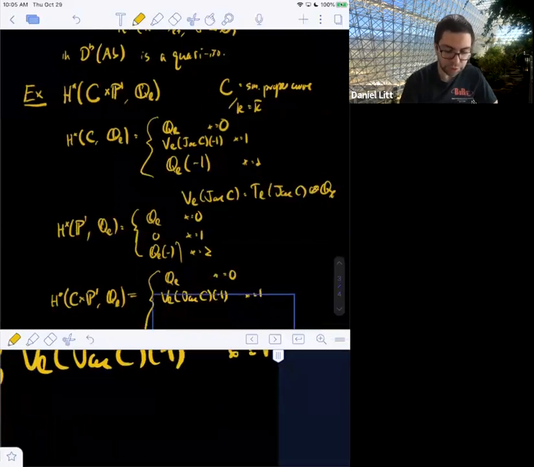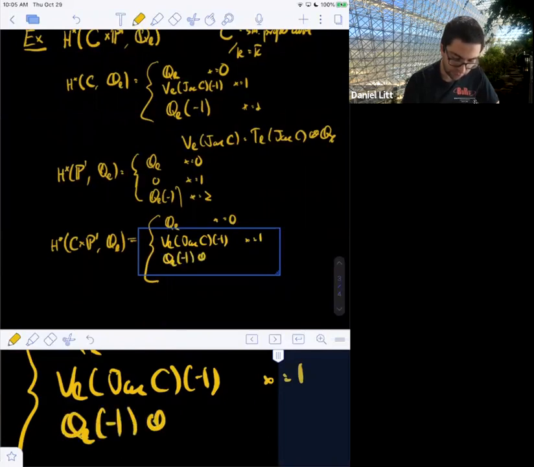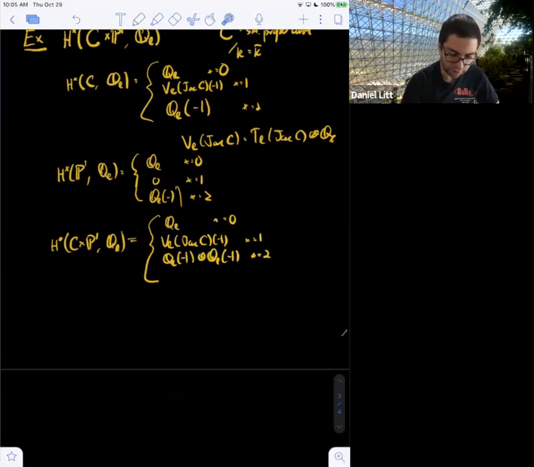Then in degree 2, interesting things start happening. So what do we get? We get QL of -1 direct sum QL of -1, because we get something from this tensor this, and this tensor this.